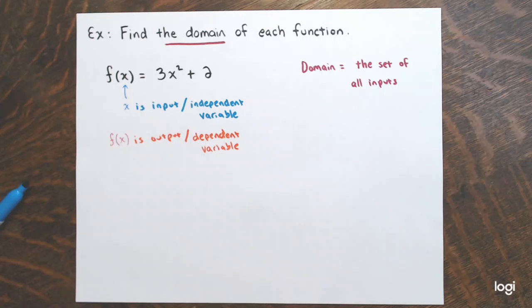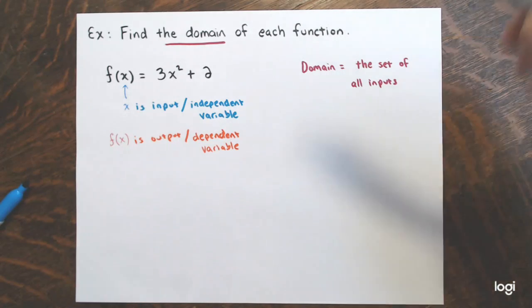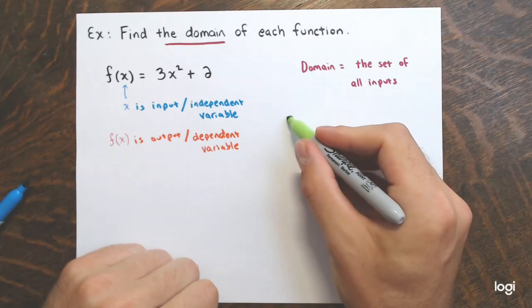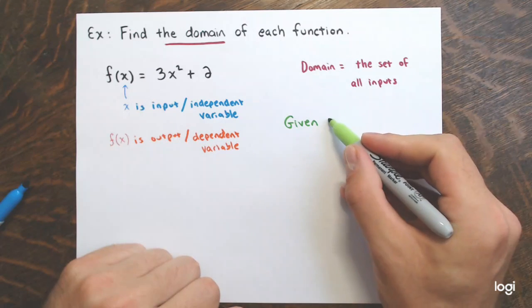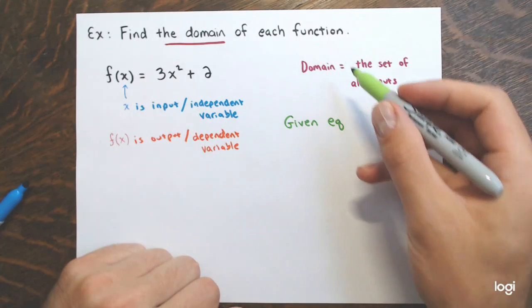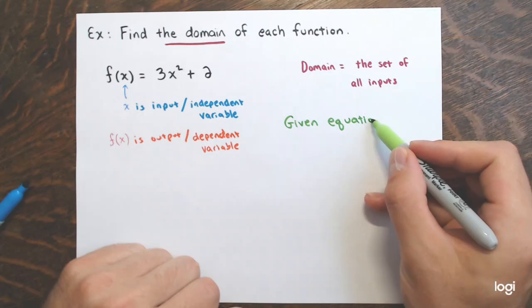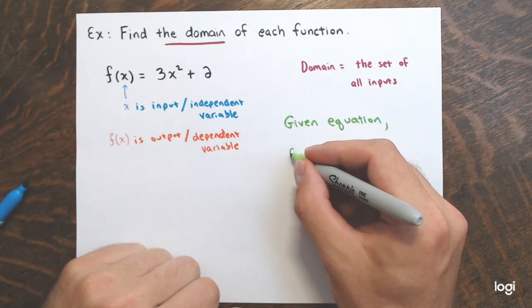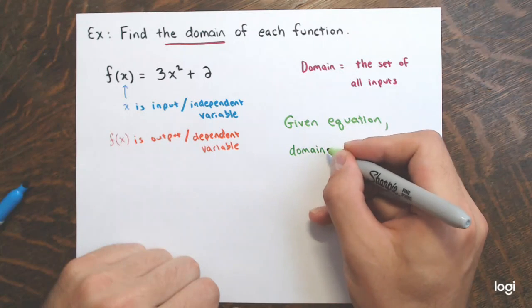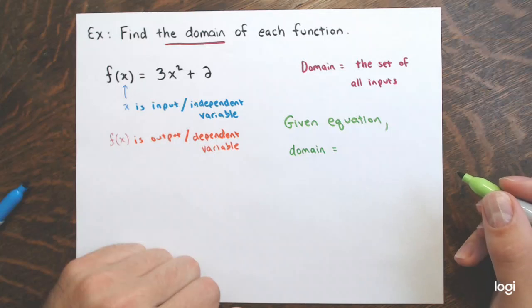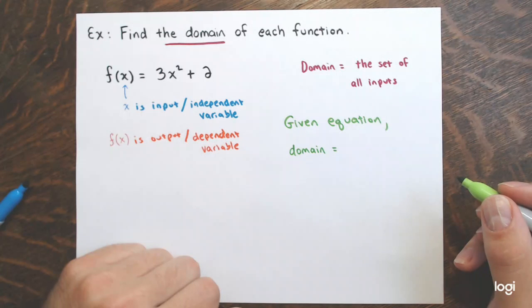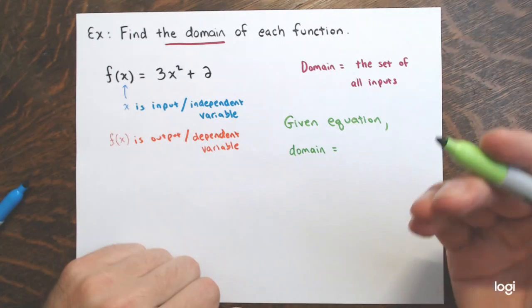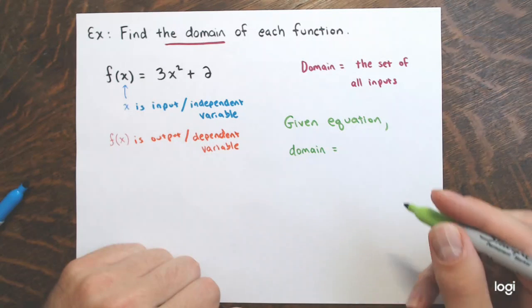So when we're given a relation described as an equation, or given an equation for some relation, some function, we're going to assume that the domain is any real number that corresponds to a real number output.